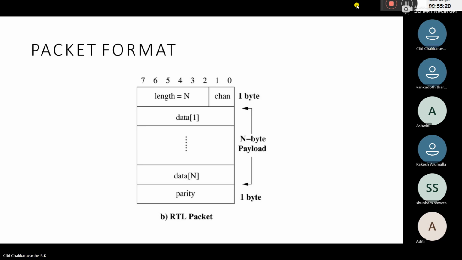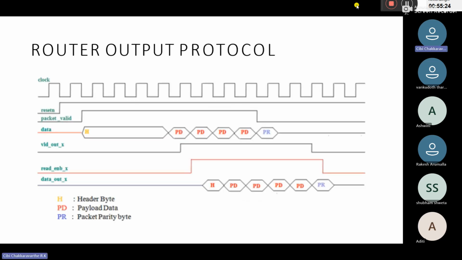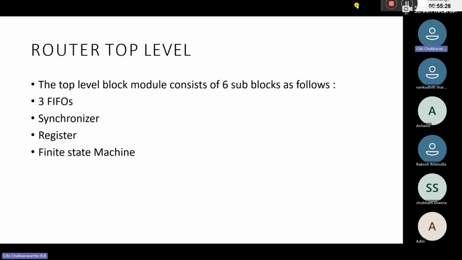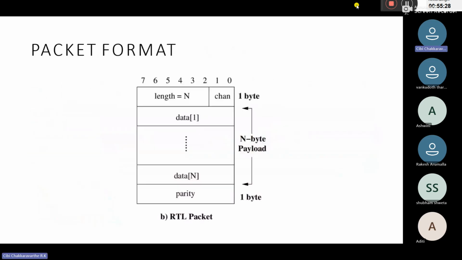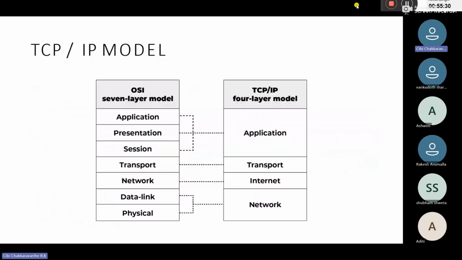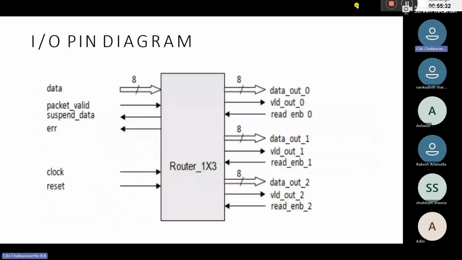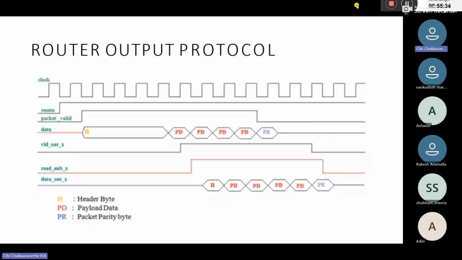Okay then. Okay, as of now, is there any doubts? Is everything clear or any doubts in the signals and all, router input protocol, output protocol, like that and all signals? Is there any doubts in this signal? Anyone?